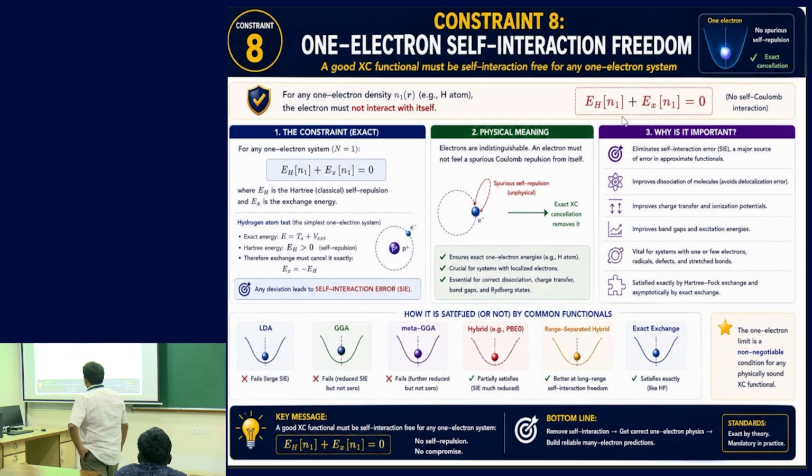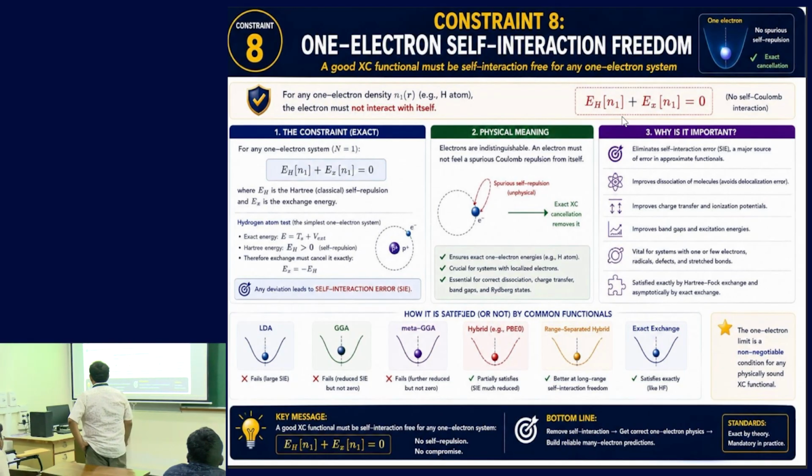This is the picture. LDA fails, this also fails, this also fails. The one-electron approximation is not zero. So you have to make the self-interaction correction.